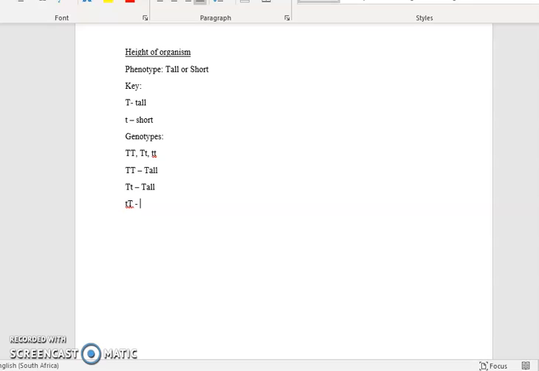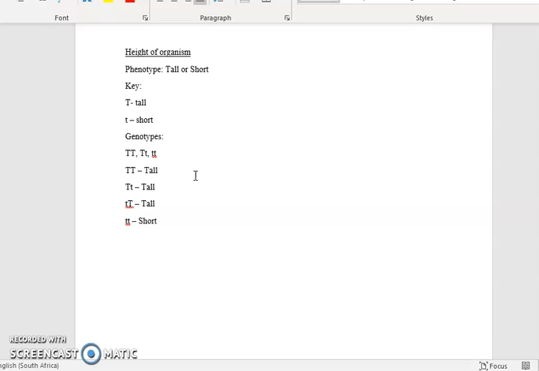It's not possible. So the dominant allele, capital T for tallness, masks the effect of the recessive allele, little t, for shortness. So this person, once again, is going to be tall. And then we get little t, little t. Little t is the allele for shortness, so both alleles are for shortness. So the person is going to be short.